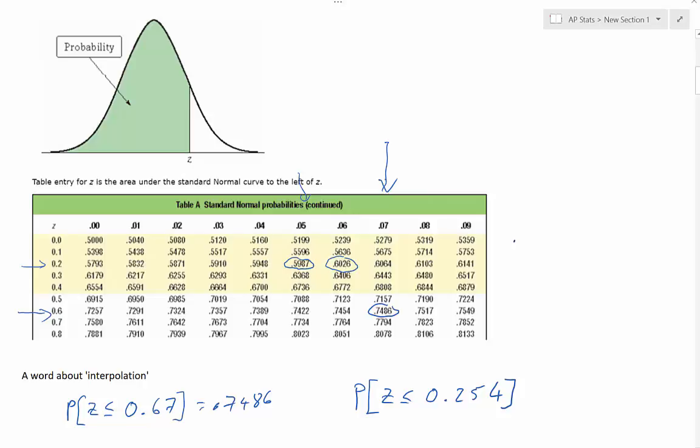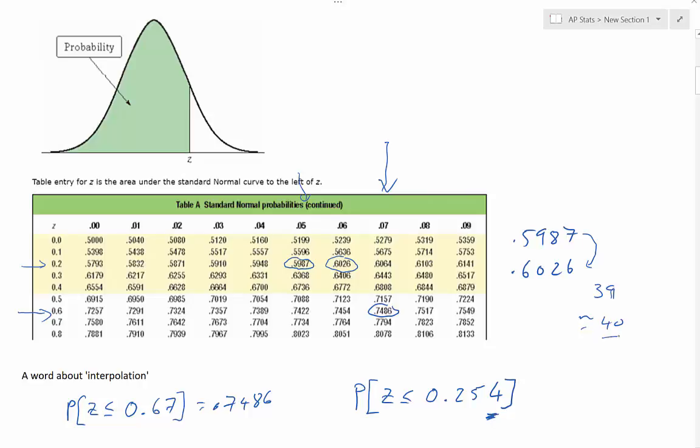So we have 0.5987 and 0.6026. These are 39 in the last 2 decimals apart, so about 40 apart, and we want to go to 0.254, which is 4/10 of the way through this interval.